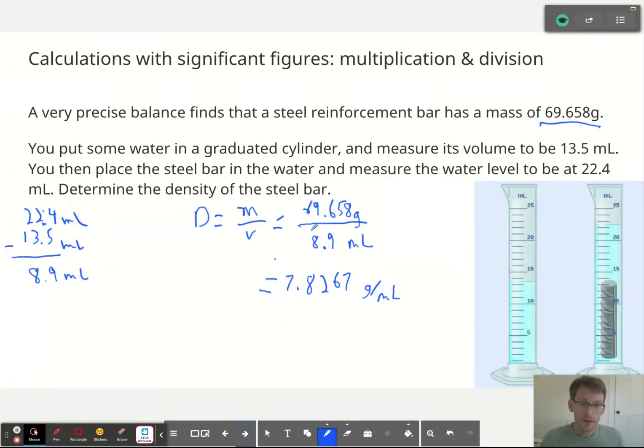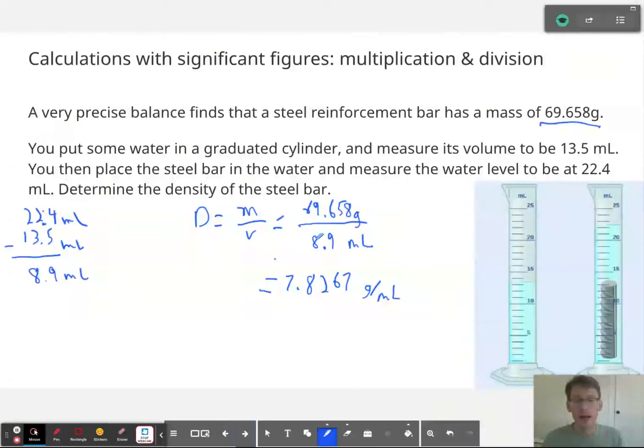With multiplication and division, we have to look at our least precise measurement again, and our least precise measurement is going to be determined in terms of the significant figures. So in the first measurement, the mass, that is precise to 5 significant figures: 1, 2, 3, 4, 5.